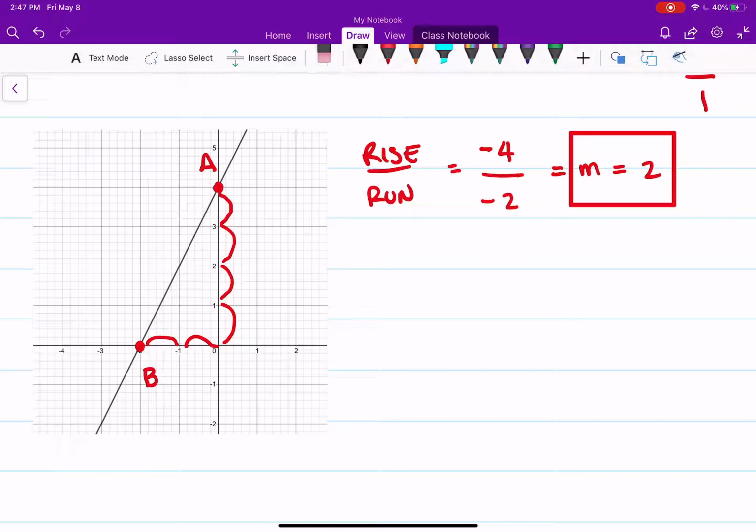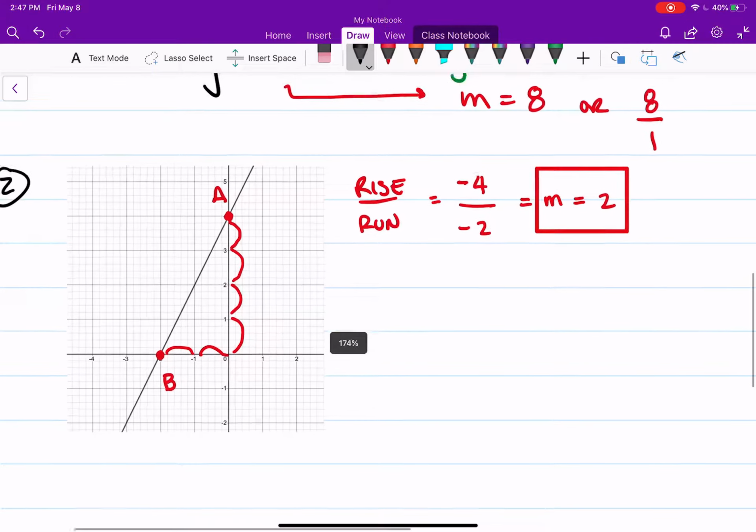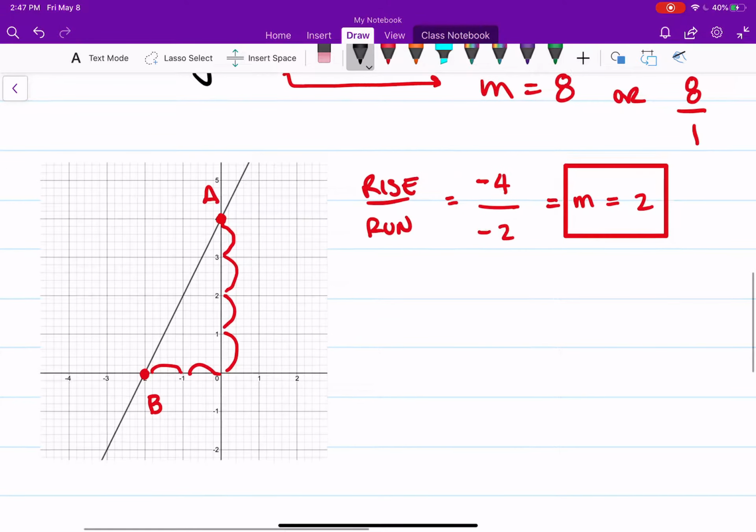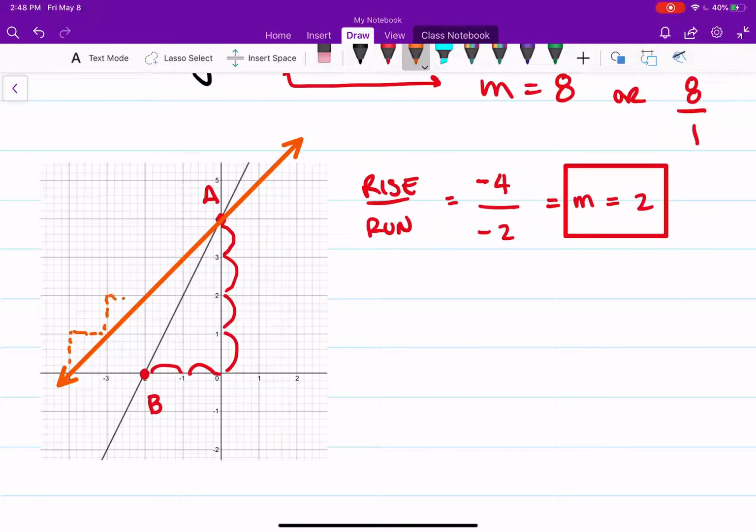Now, that would be on the graph. I know that this is right because it's steeper than 1. A slope of 1 would be up 1, right 1, up 1, right 1, and it would look something like this. I know that this line is steeper than that, so 2 would make sense.